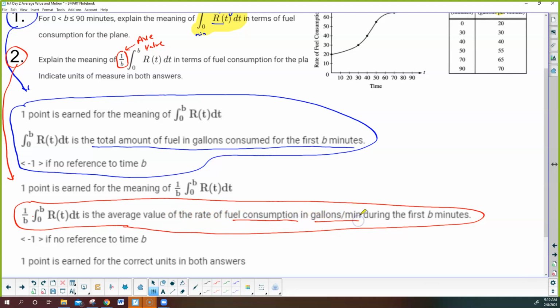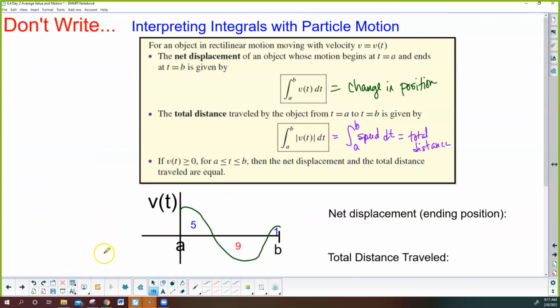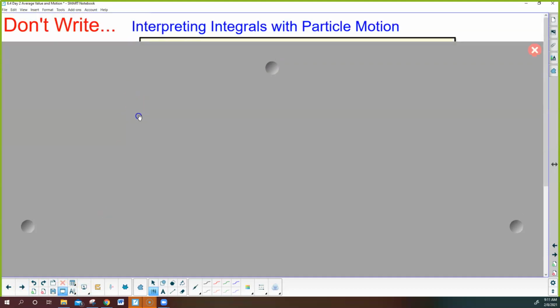Now this is gallons per minute because we're putting back in the average value. We're dividing by B minutes here. So that's why the gallons in the first one turned into gallons per minute because of the divide by B. So anyways, that's just a quick reference. We will see those come up as we learn more and more.